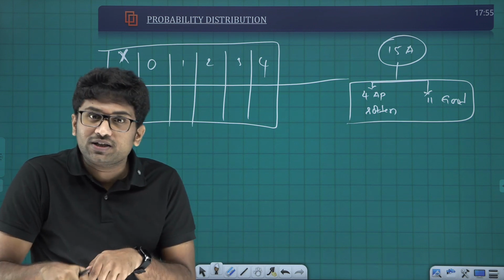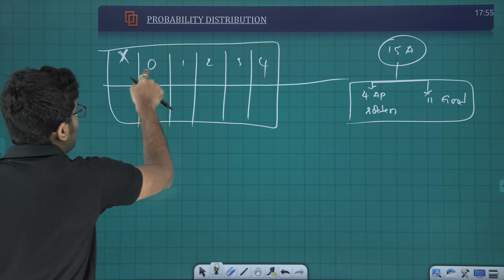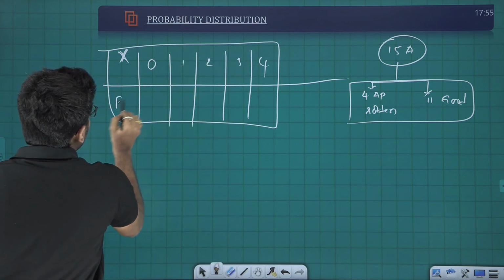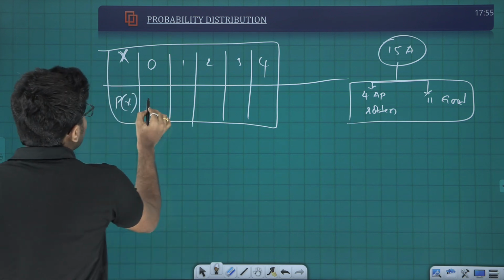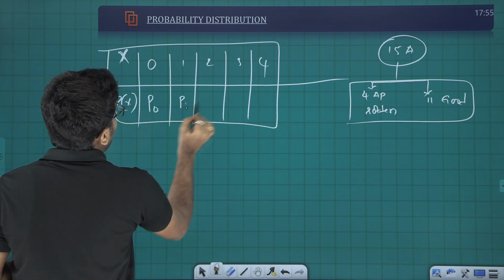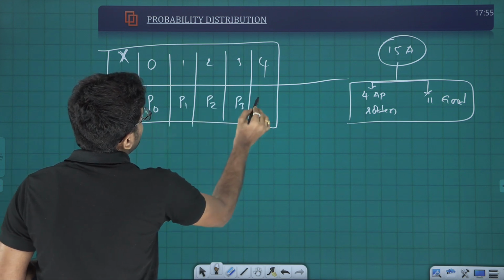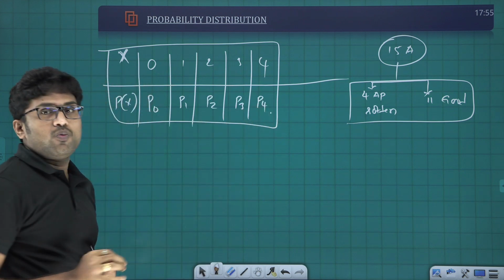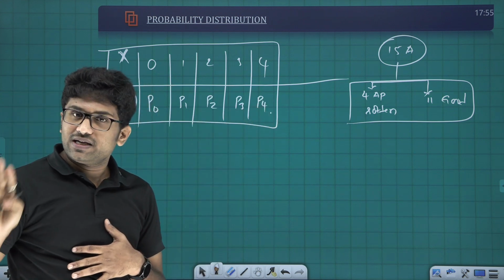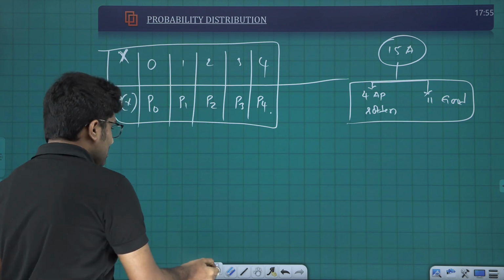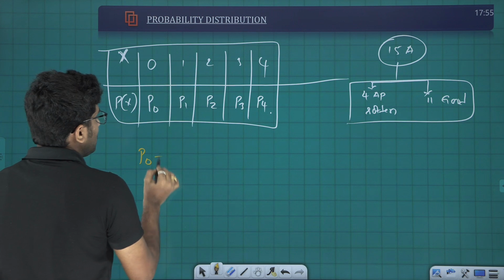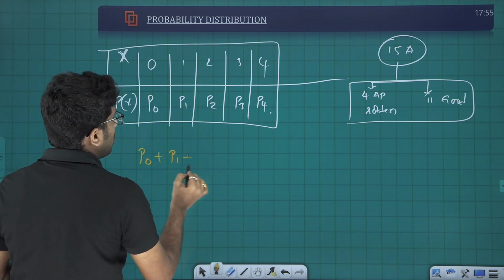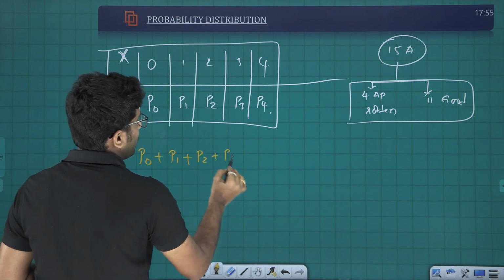Now corresponding to each value, there will be a probability associated with that random variable. Let's say P0, P1, P2, P3, P4. One most important thing, which simplifies the complete problem, is that the sum of the probabilities of a random variable, that is sigma pi, is always equal to 1, friends.